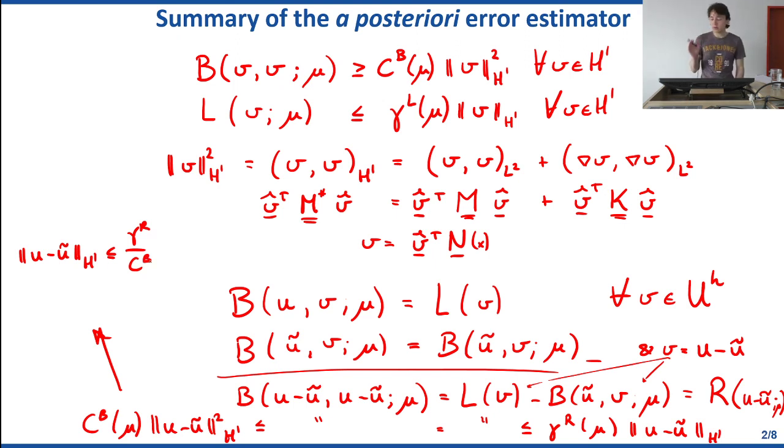So this is really, in only a few minutes, a complete summary of what we did at the beginning of the last lecture. And this is to a large extent how we deal with a posteriori error estimates in finite element methods. Now at that point we said, well, we're not quite so happy with this yet. The reason is we want to be able to do this cheaply. Right now we have to compute CB from this eigenvalue problem, which we have to do at every parameter point.